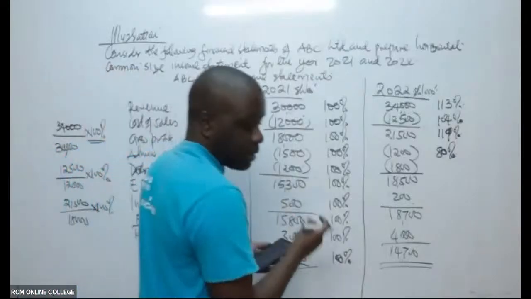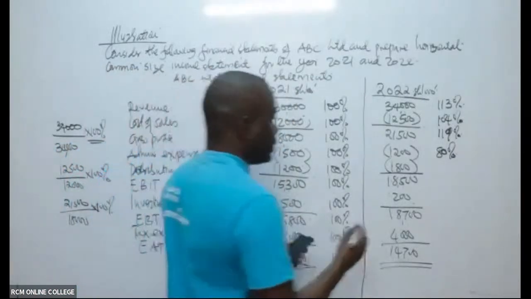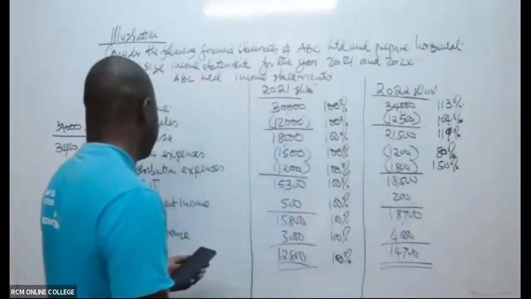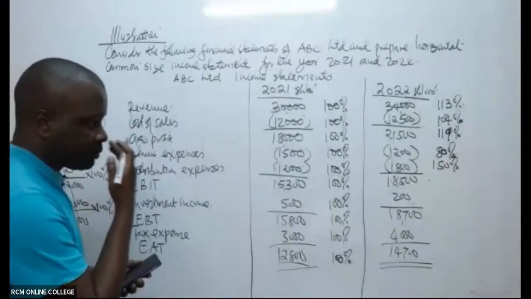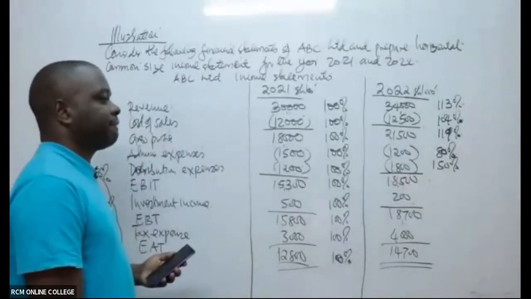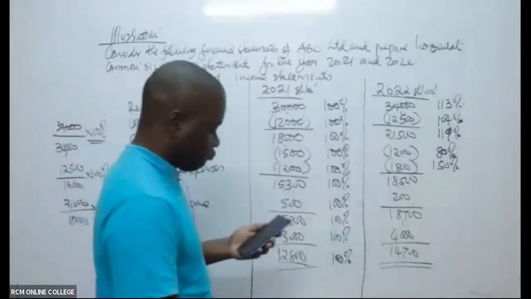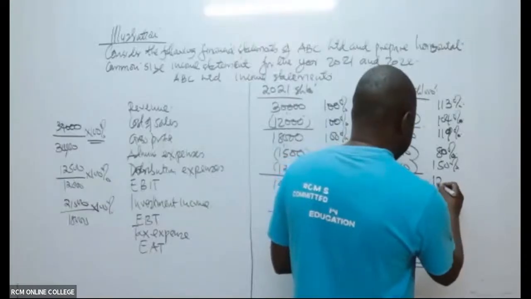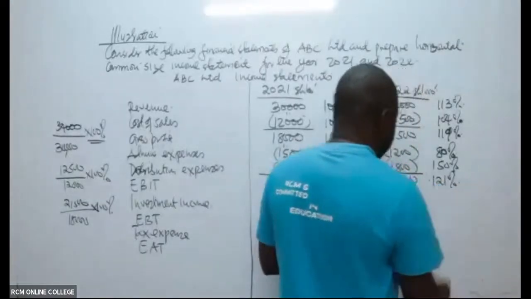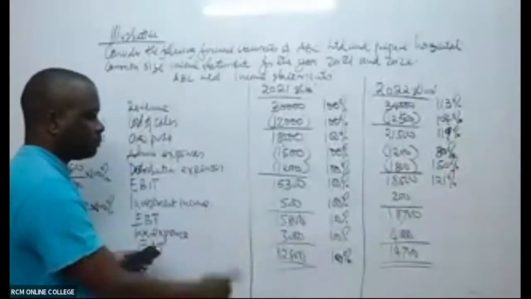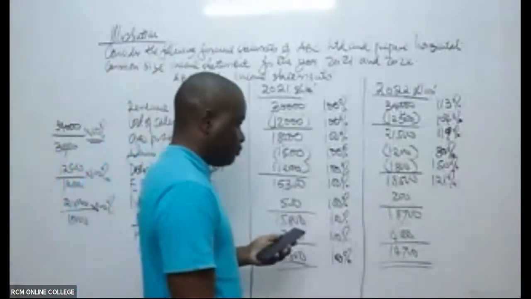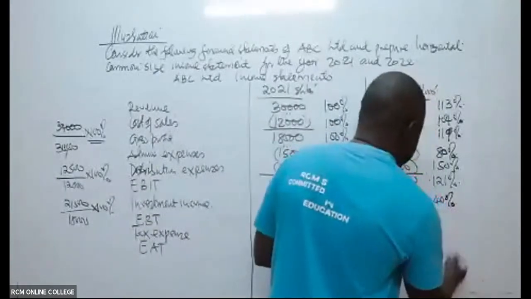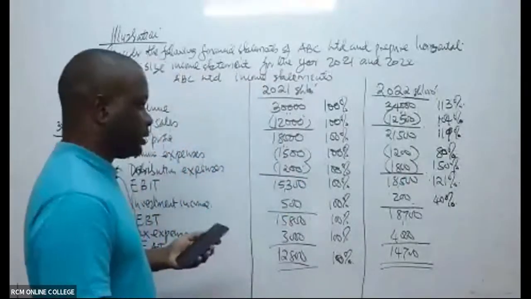What about this other one? After 80%, I can see 150%. And for the EBIT, it is 121%. What about investment income? Investment income, 4%.